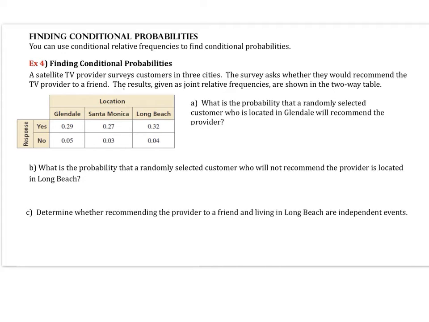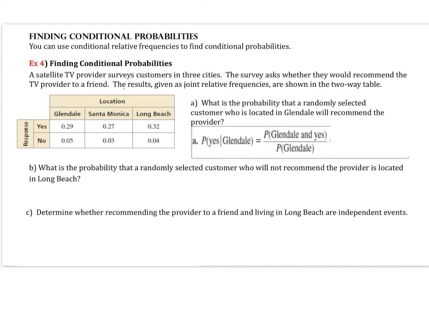Part A, what is the probability that a randomly selected customer who's located in Glendale will recommend the provider? All right, here's how we want to set it up. We want the probability that yes, the provider will be recommended, and given it's in Glendale. So we are looking at the probability of Glendale and yes compared to the probability that it's in Glendale.